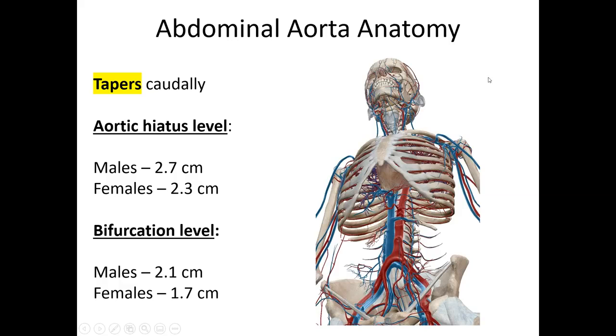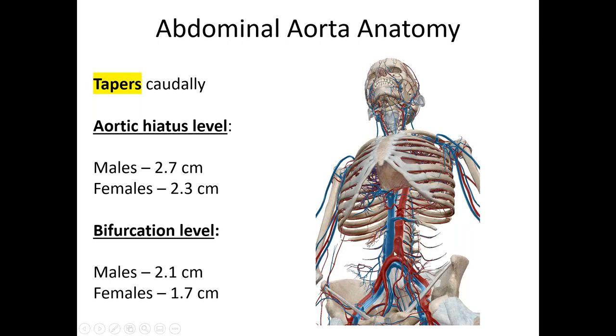Very briefly about the anatomy, as you can see, this is the abdomen. You can see the abdominal aorta and IVC. The abdominal aorta enters the abdominal cavity through the aortic hiatus, and in males the diameter is a little bit more as compared to females.